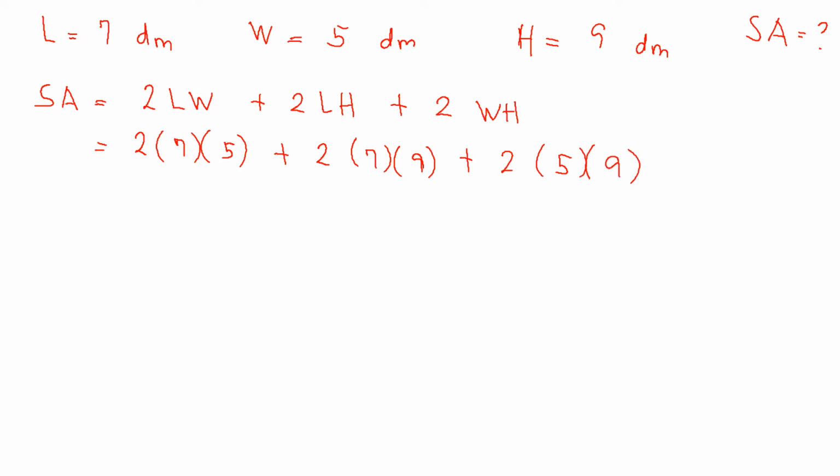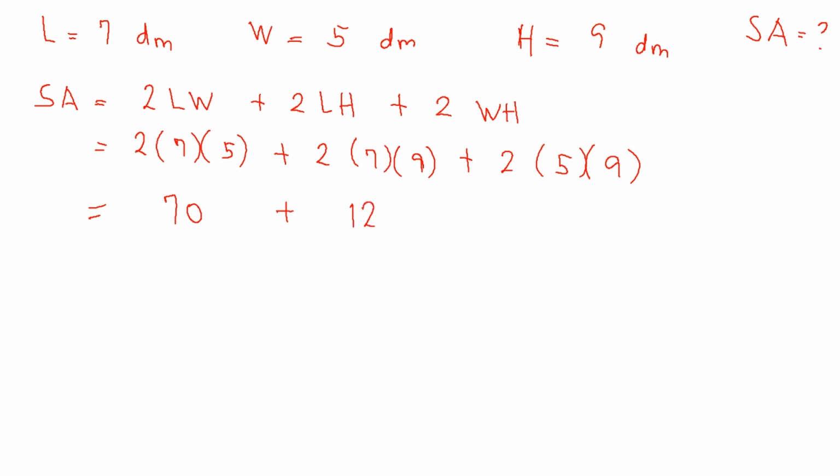So again, 2LW, 2 times 7 times 5, and 2LH, 2 times 7 times 9, and 2WH, 2 times 5 times 9. So 2 times 7 times 5 is equivalent to 70. Plus 2 times 7 times 9, the answer is 126.